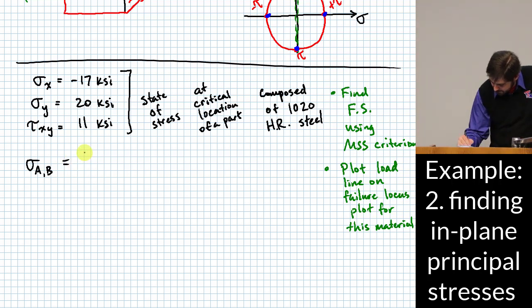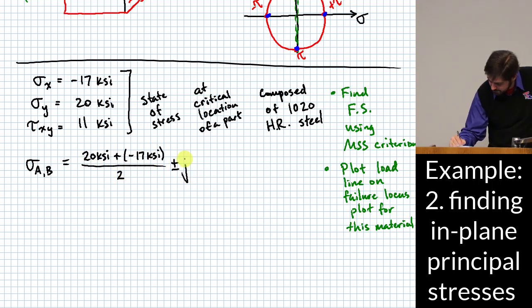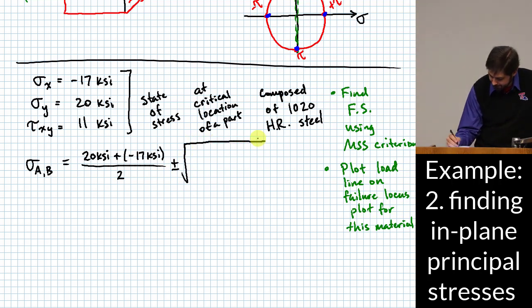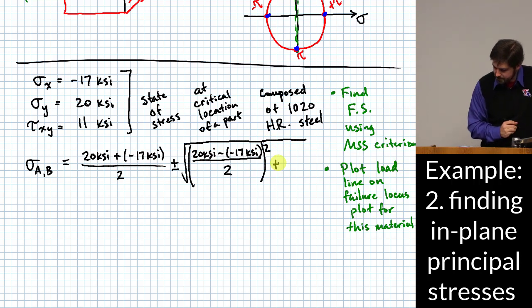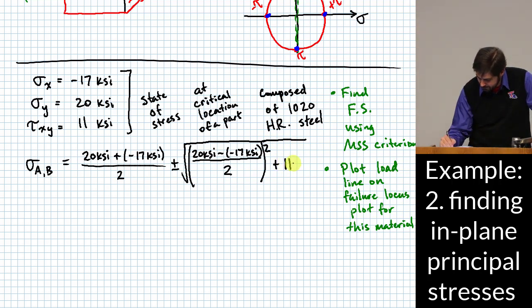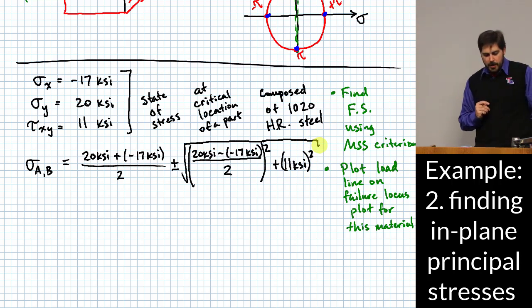So we basically take the average of our two normal stresses, so 20 KSI plus a minus 17 KSI over 2, plus and minus the square root of what? 20 KSI minus a minus 17 KSI, over 2, all of that squared, plus our shearing value, 11 KSI, squared.